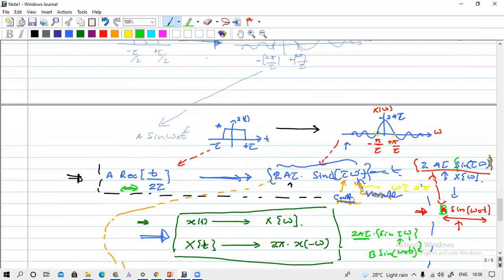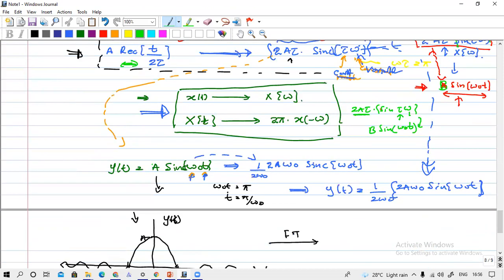If the given signal amplitude is b, it is all right, b should be there, and it is identical to a. But here we have 2 tau, so we have to put the 2 tau here as well. But we can't put 2 tau here because tau is not in the given signal. So we have to get the coefficients with our given signal.